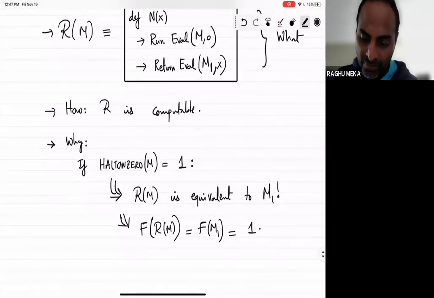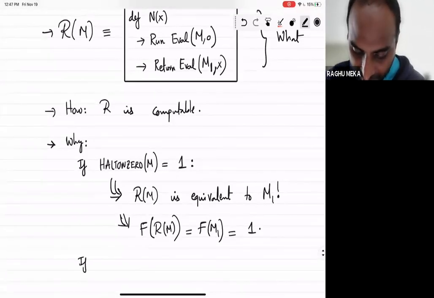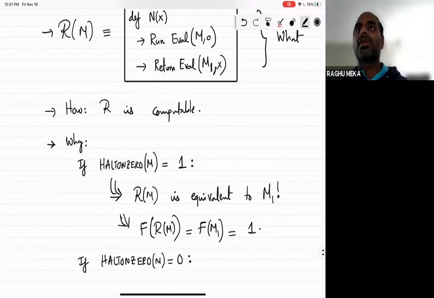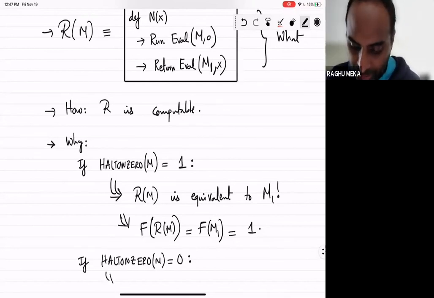Okay? And on the other hand, if halt on 0 of m equals 0, then what happens? Meaning m does not halt on 0. What is R of m equivalent to?